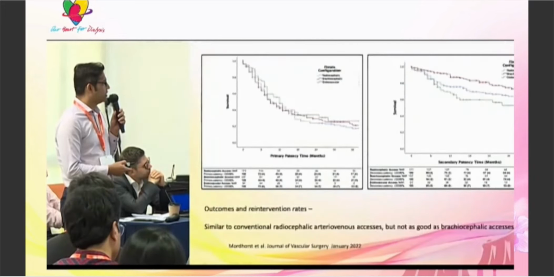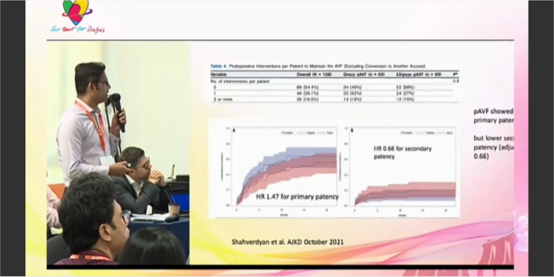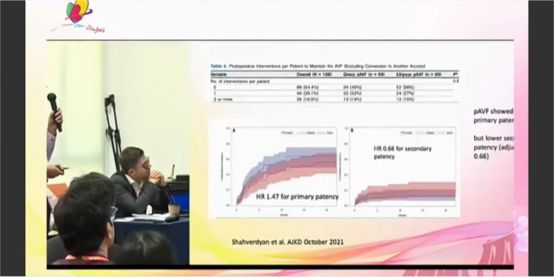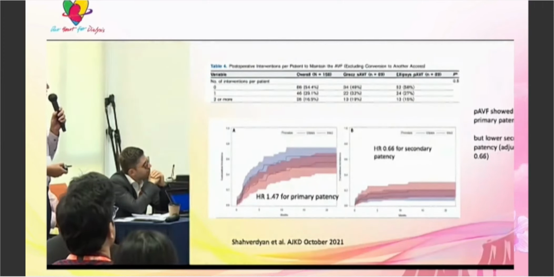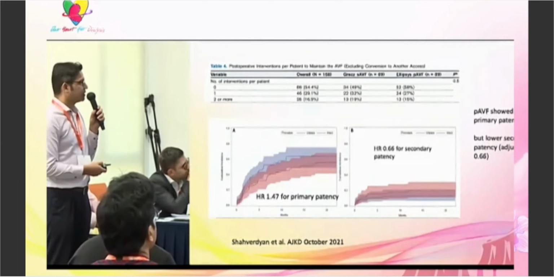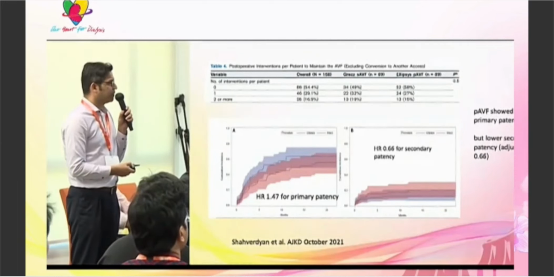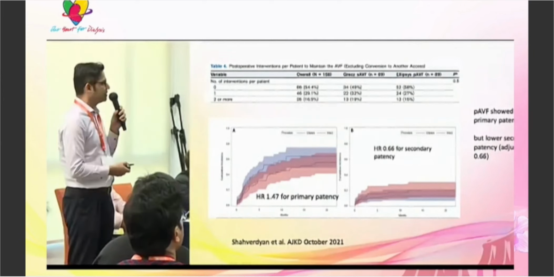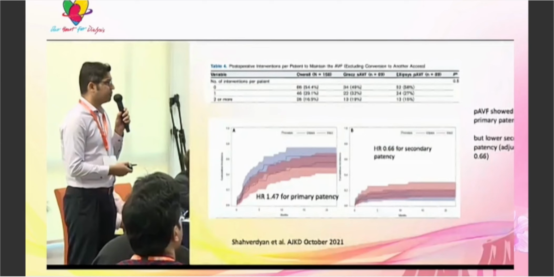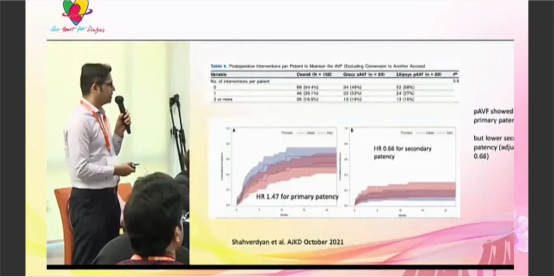And this one is a paper by, I guess, Dr. Robert, he's sitting here. When he compared the patencies between the percutaneous endovascular AVF versus the surgical, it showed that the ellipsis device worked better in terms of primary patency, but the secondary patency was a bit lower on that side.